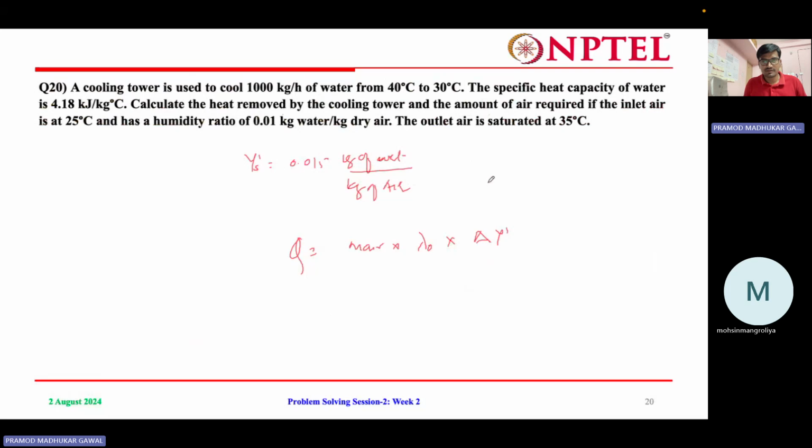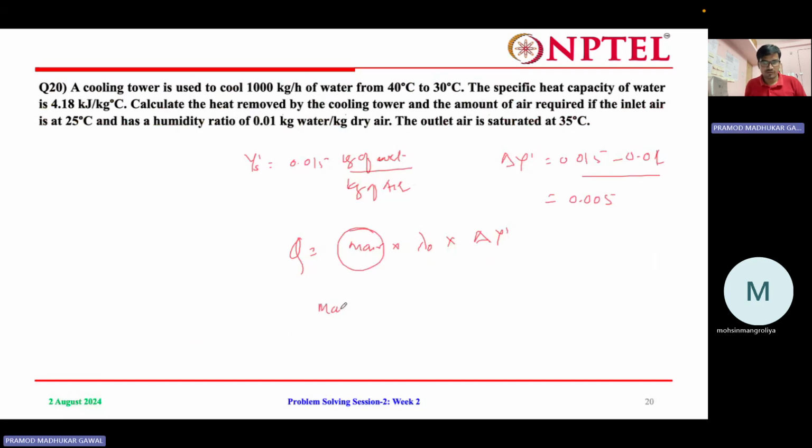The humidity difference is 0.015 minus 0.01, which is 0.005, right? Units are the same, kg of water per kg of dry air. Put it in the equation and you will get the amount of air required.